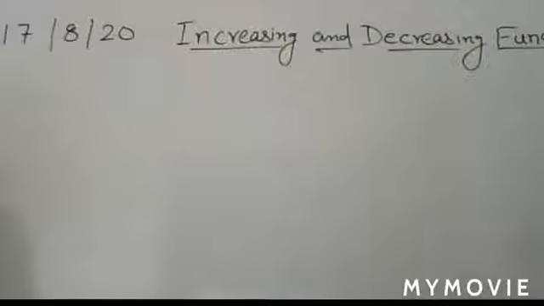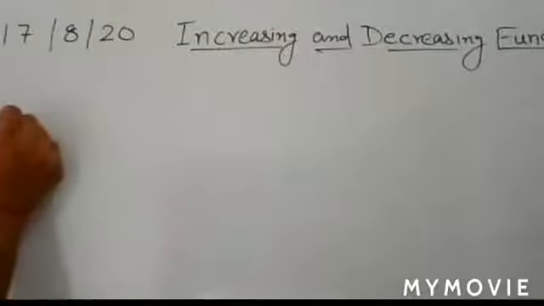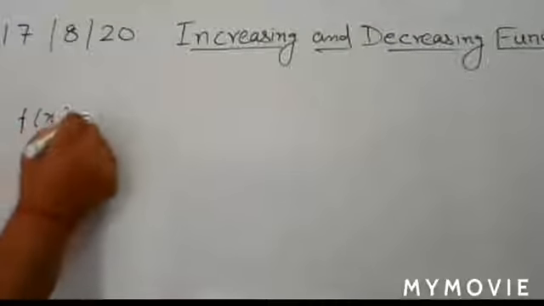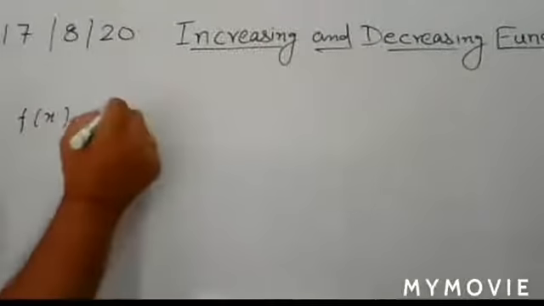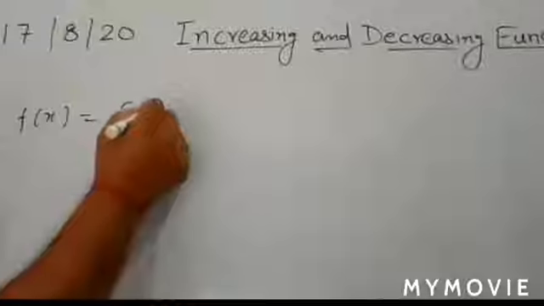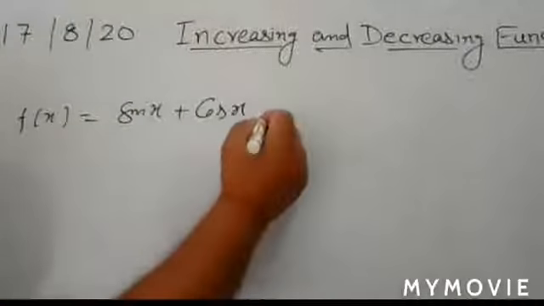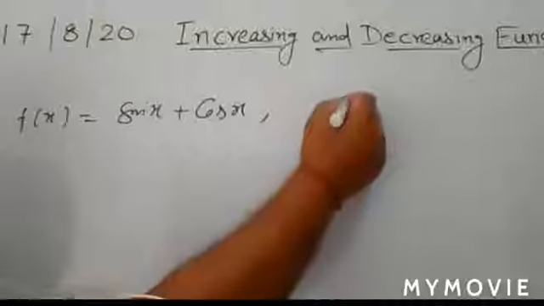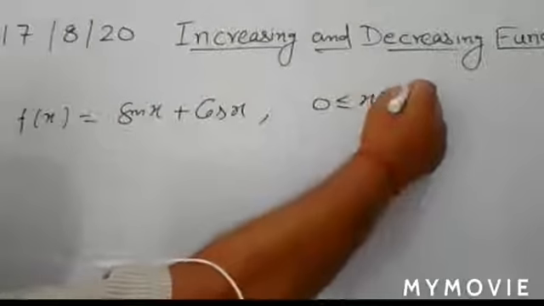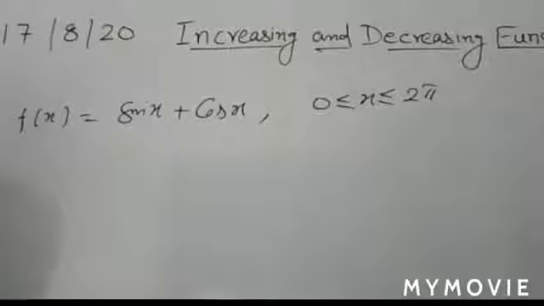Find the interval in which the function f(x) = sin x + cos x, where x is greater than or equal to 0 and less than or equal to 2 pi, is strictly increasing and strictly decreasing.